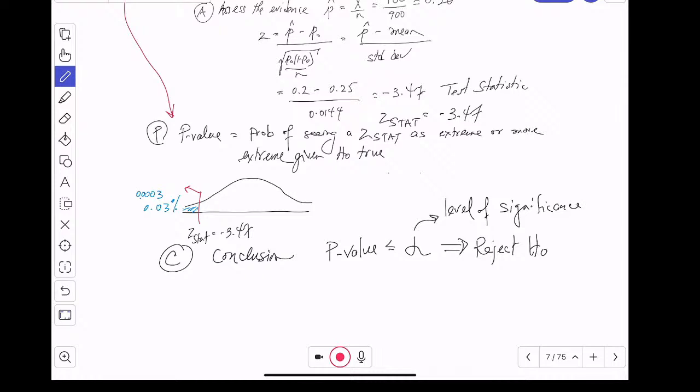When I say that the Z statistic is an outlier, it's far away, and I refer to the probability of being that far out given the assumption about the proportion, I'm saying that its chance is 0.03%, and I'm saying it's small.